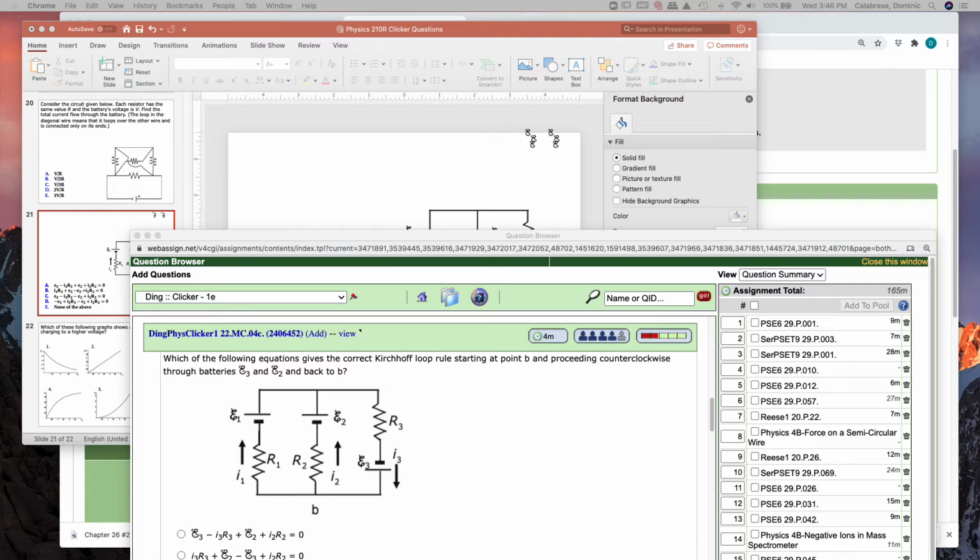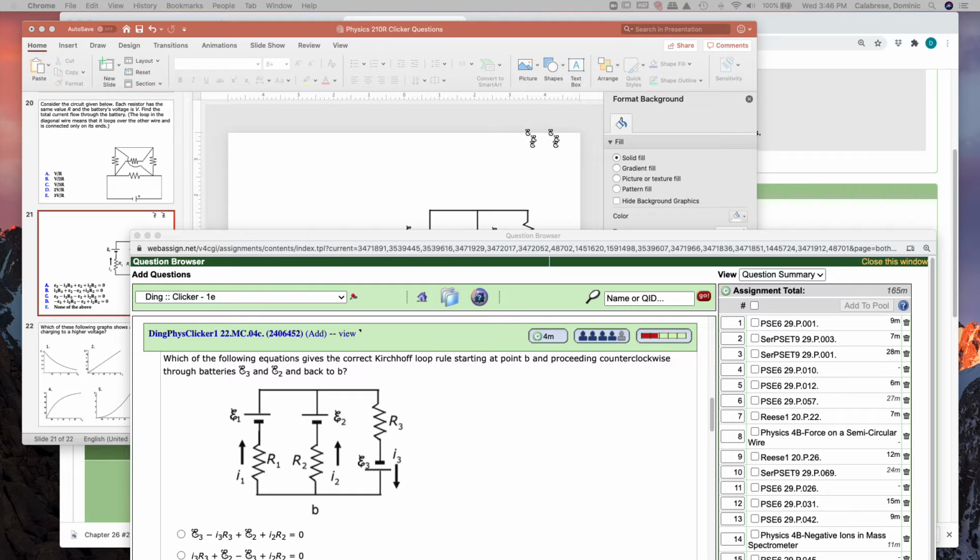So starting at point B and going counterclockwise, actually, it's not right. You want to go through batteries E2 and E1. Starting at B, go counterclockwise through E3 and E2, sorry.